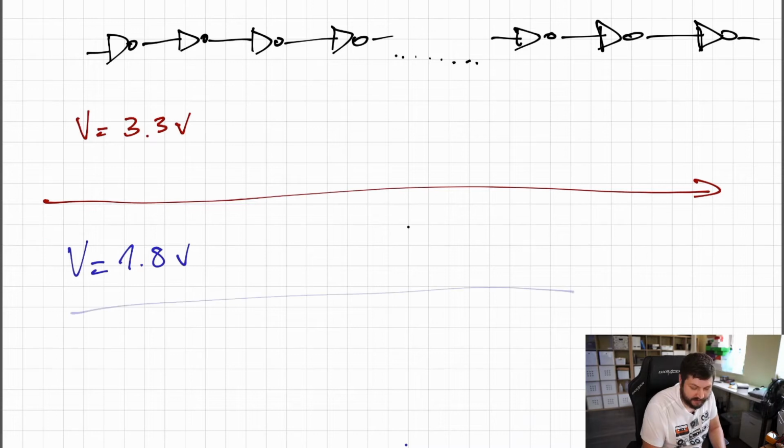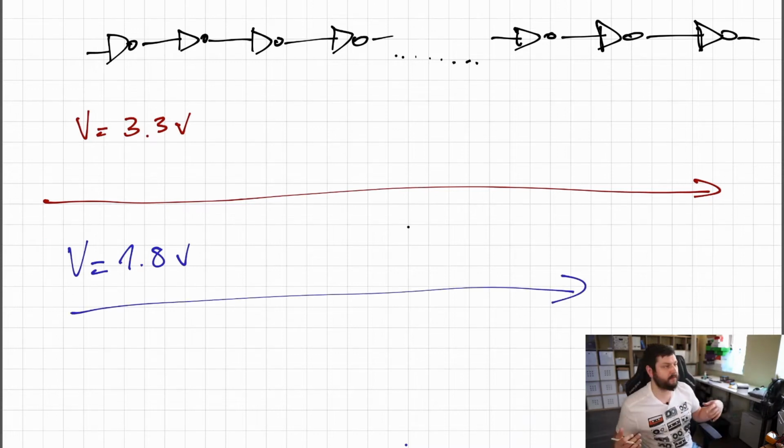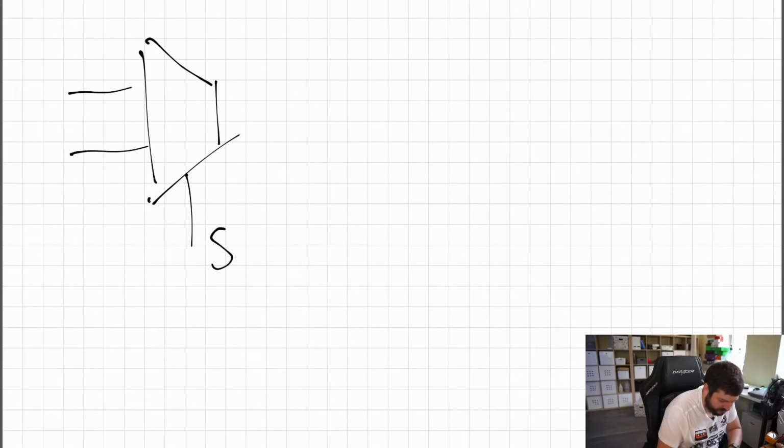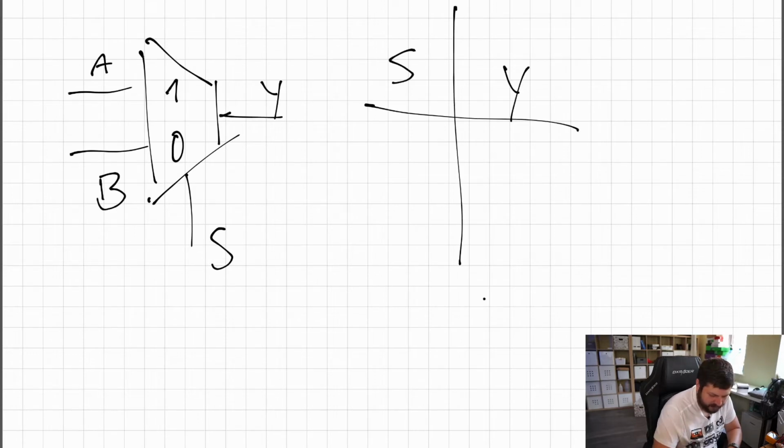It won't propagate the same distance, right? So what does this have to do with it? One of the biggest parameters that you affect with voltage is the transistor switching times. The multiplexer has a select, a 1 and a 0, and an A and a B. If select is 1, then we output A. If select is 0, then we output B.